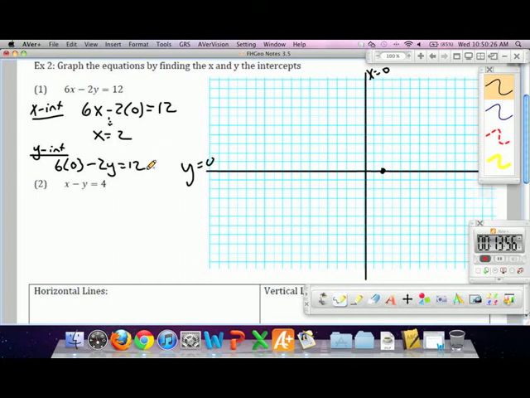So I'll put a dot at x is 0, y is -6: 1, 2, 3, 4, 5, -6. There we go. Line 1.